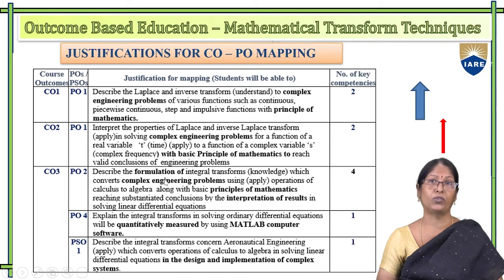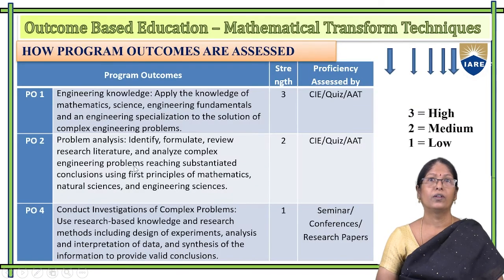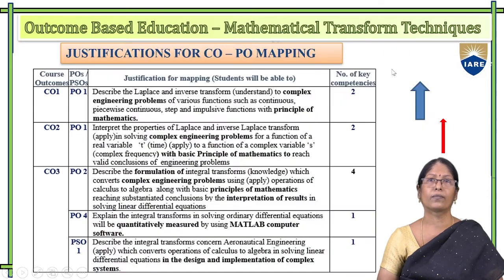Totally 10 elements are there, which we can see here: identify, formulate, review research literature, analyze complex engineering problems, reach conclusions, principles of mathematics, and so on. Among the 10 elements, our course outcome 3 satisfies 4.